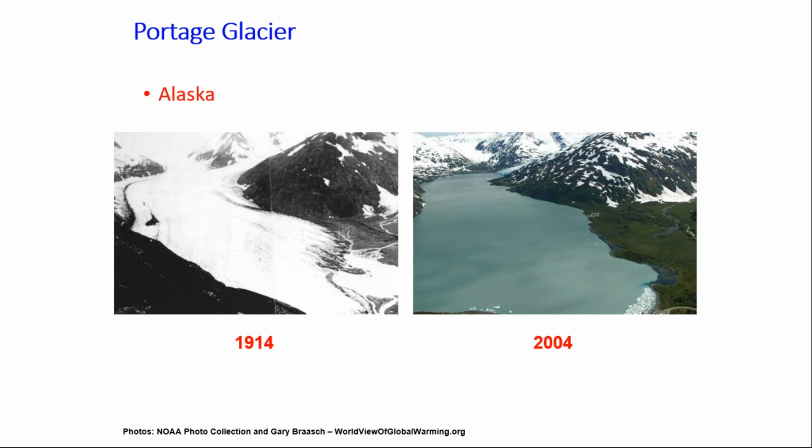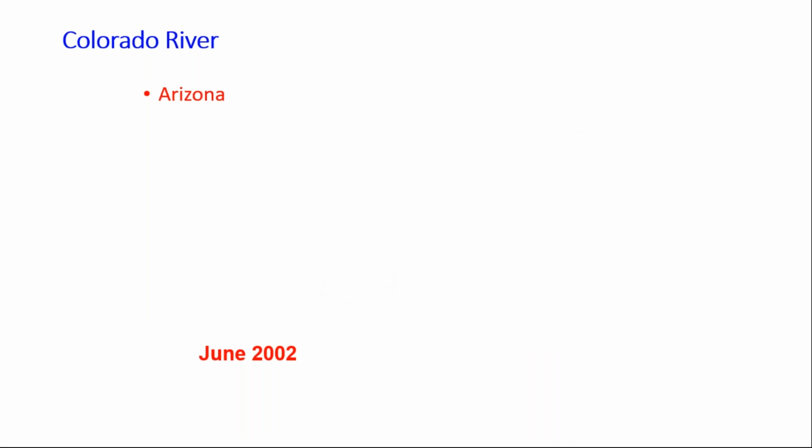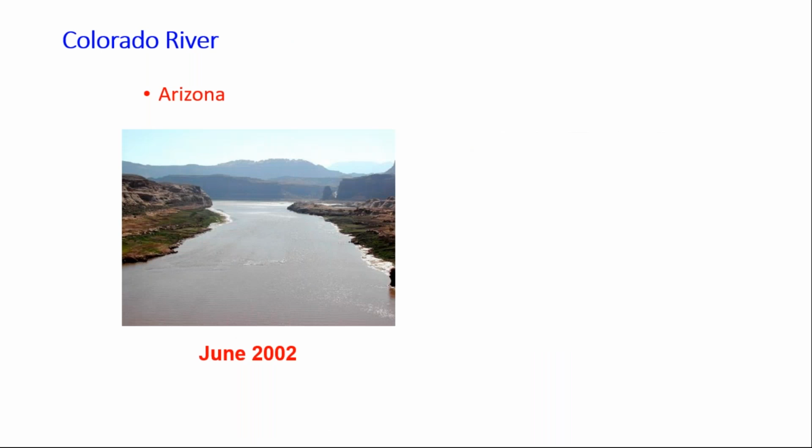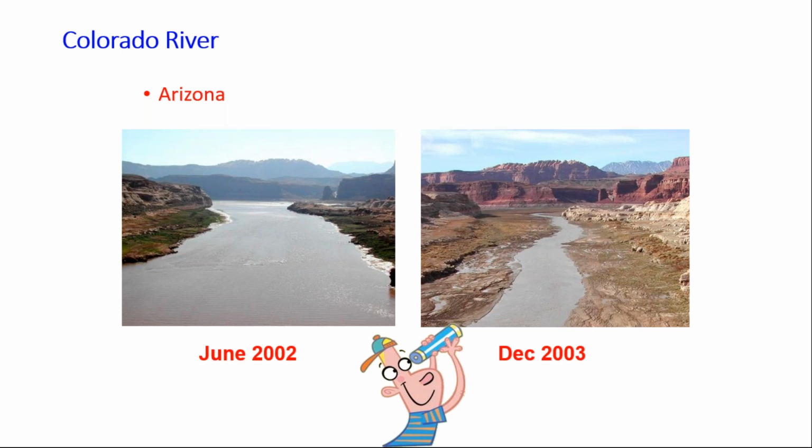So these glaciers are going to melt. Then you can also observe the Colorado River, Arizona in June 2002 and now in 2003. So you can easily understand the difference in these rivers.